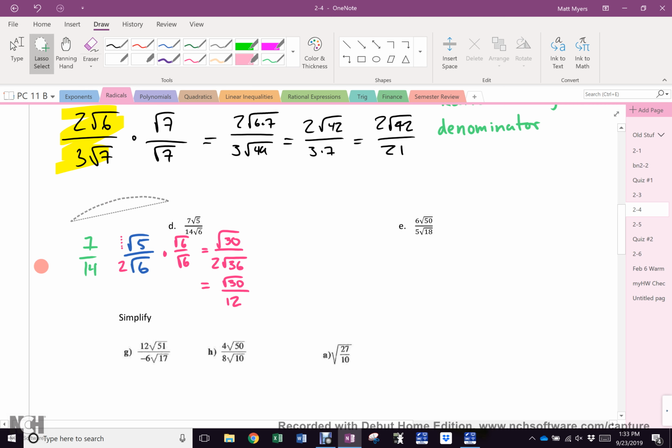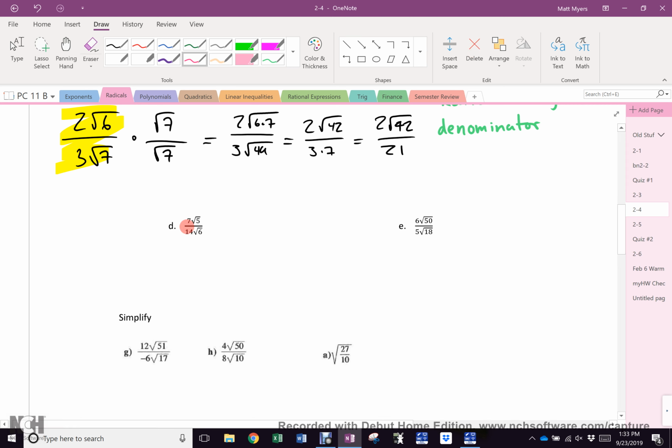Okay. What if you didn't see that 7 and 14, it just didn't register, for whatever reason you didn't see that was 1/2. Would you get the same answer? Of course, because what do you want to get rid of? Root 6 over root 6, right? So now I have 7 root 30 over 14 times what?